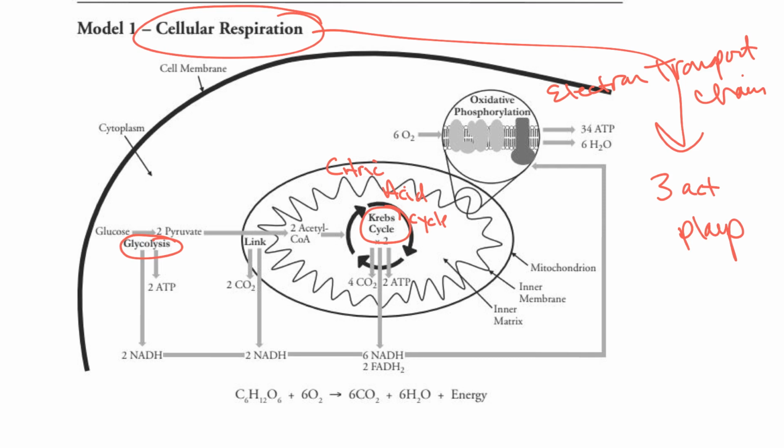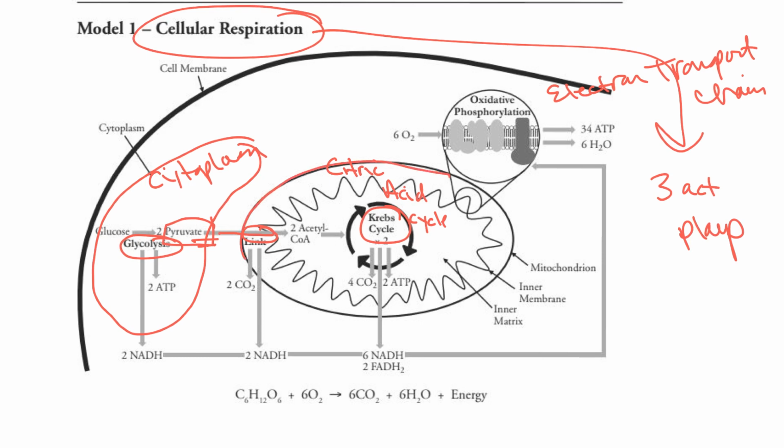So let's first take a look at where these things are. Glycolysis is occurring in the cytoplasm of the cell, right? So I'm in the cytoplasm of the cell, okay? And the product that it makes is 2 molecules of a chemical called pyruvate, and that goes through a little tiny reaction we call the link reaction, but then it ends up going into the mitochondria.